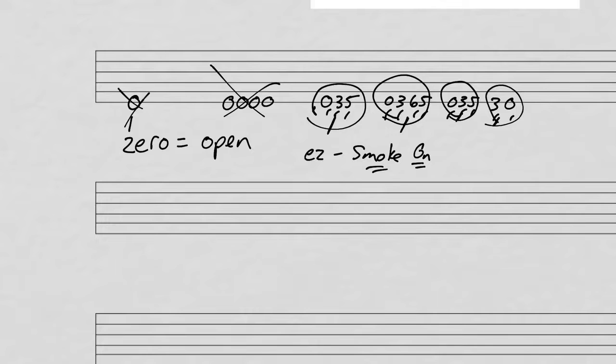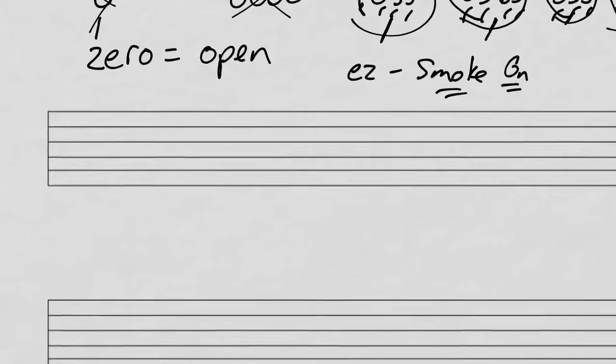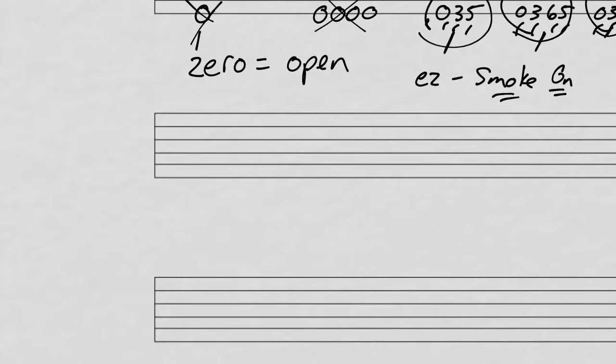Okay? So the other thing that you'll see is that tab will sometimes have more than one note stacked on top of each other. So let's say you saw something like this. 0, 2, 2, 2, 0. Okay? What this is actually making is a chord.